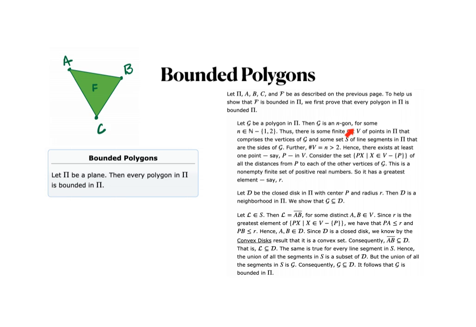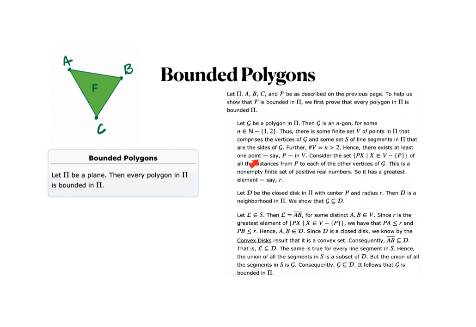Then G is an n-gon for some n where n is a natural number excluding 1 and 2. So I have a polygon with n sides. Thus, there is some finite set V of points in pi that comprises the vertices of G, and some set S of line segments in pi that are the sides of G. Further, the number of vertices is equal to n, which is greater than 2.